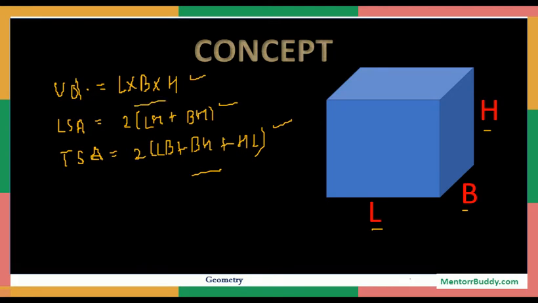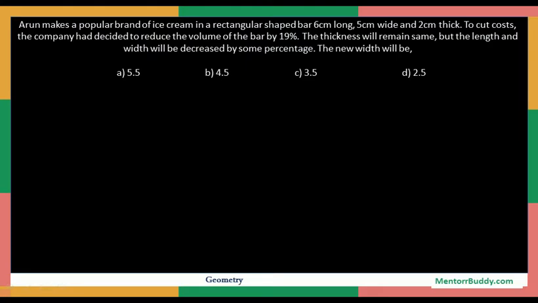Now coming directly to the question once again. It says the length of the bar is equals to 6 centimeters. The breadth is equals to 5 centimeters and the thickness, that is the height, is equals to 2 centimeters.